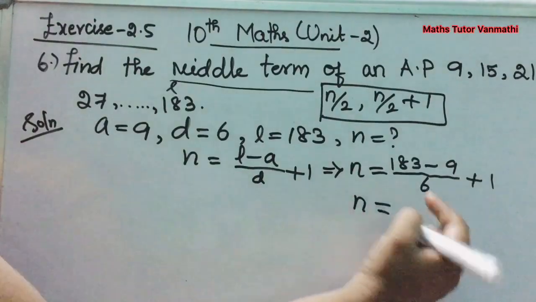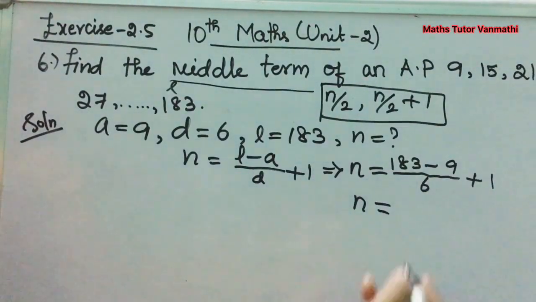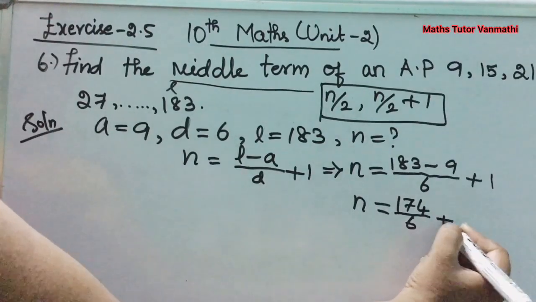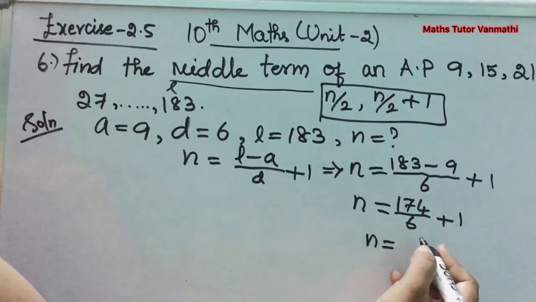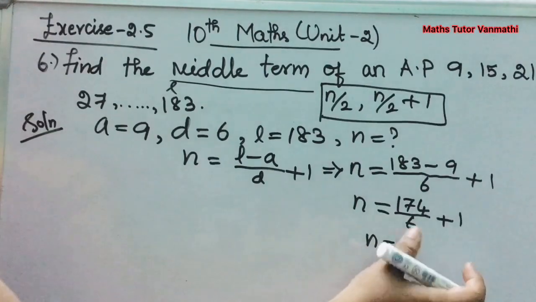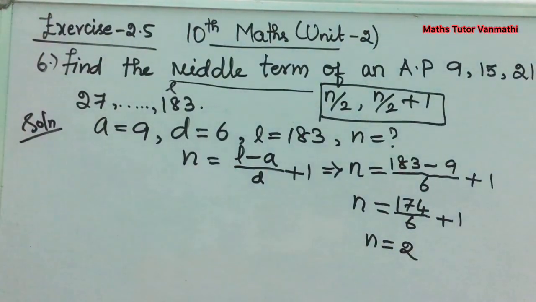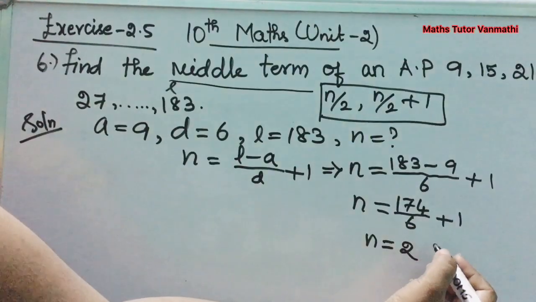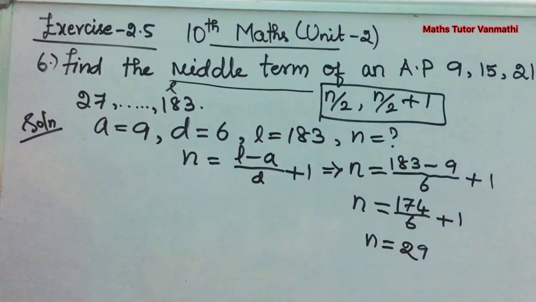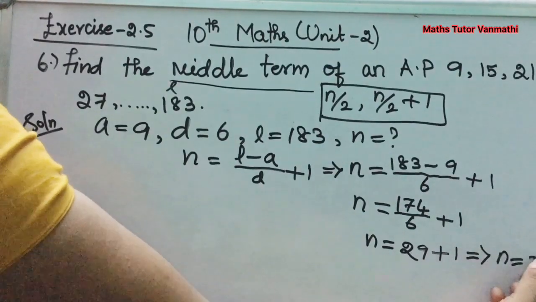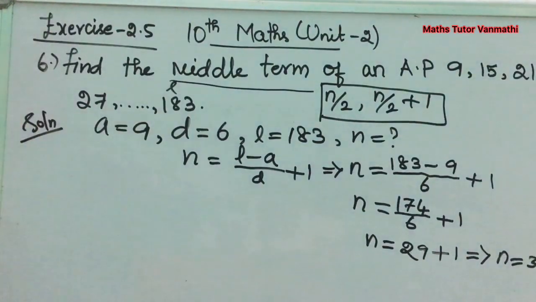Which implies 183 minus 9 is 174 divided by 6 plus 1. You will get 6 3s are 18. So it won't come. 6 2s are 12. 6 9s are 54, plus 1, which implies n is equal to 30.